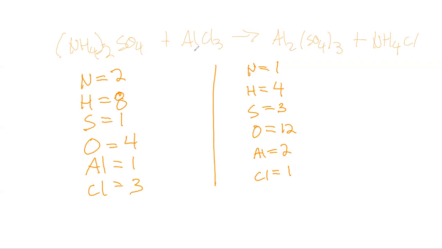For me, I'm going to start with my aluminum. I'm going to go ahead and put a 2 in front of that. That would change this to 2 and this one to 6. And I can lock that in. Then I might move on and do my chlorines.